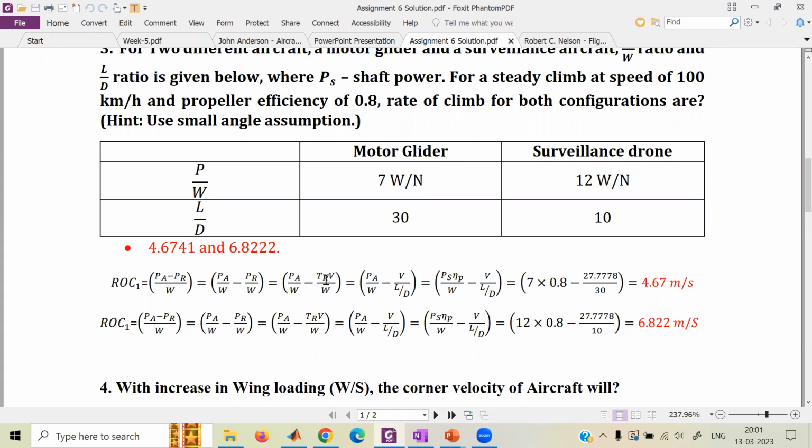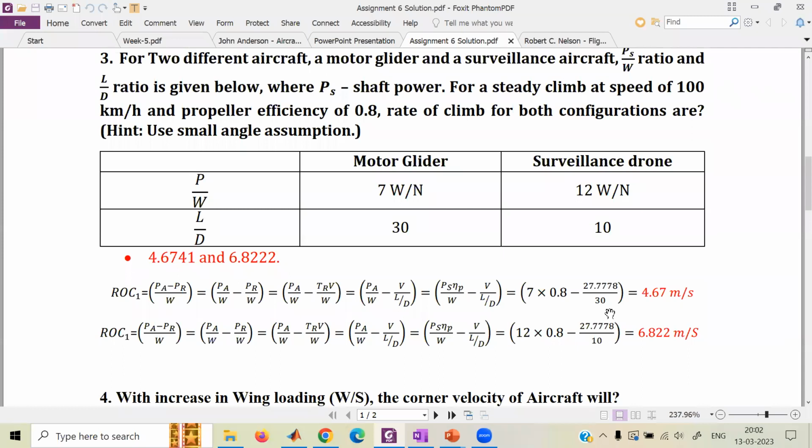So you replace T with drag, W with L. You have this number, and available power is some percentage of the shaft power, right? And that efficiency factor is also given, which is 80% efficiency. So now all of the numbers are available to us, and we simply compute it and find out the answer for rate of climb.